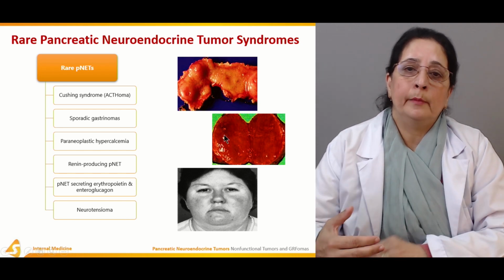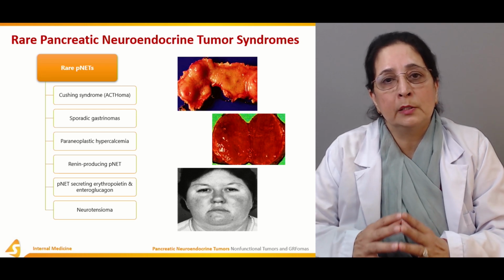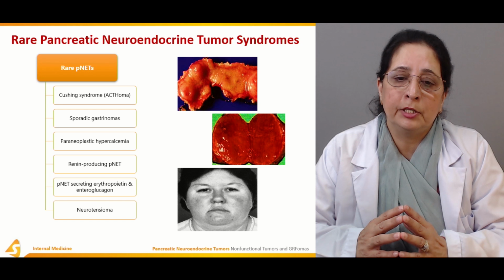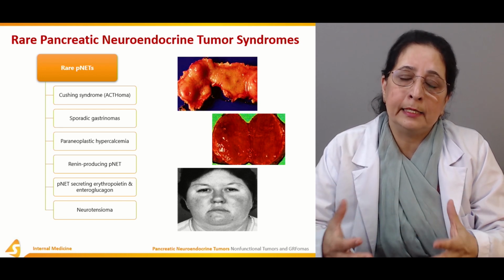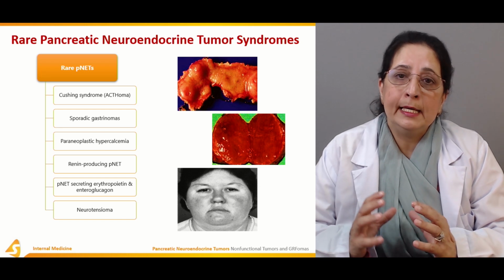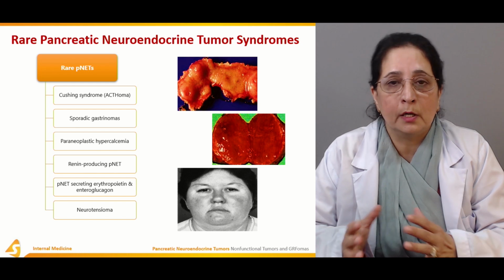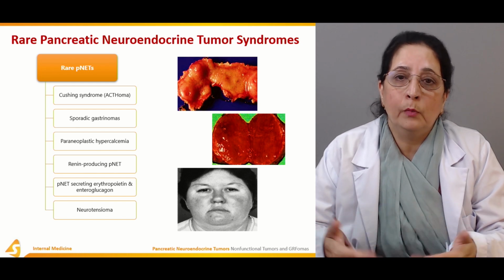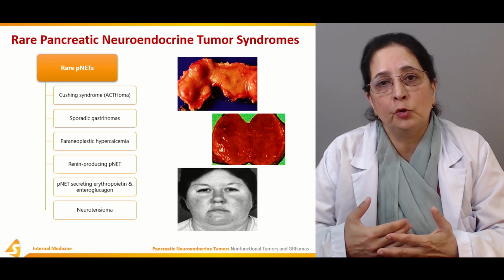These are all some other rare types of pancreatic neuroendocrine tumor syndromes, which are not as common as the gastrinomas, insulinomas, somatostatinomas, VIPomas, and glucagonomas, which are the more common types of pancreatic neuroendocrine tumors.